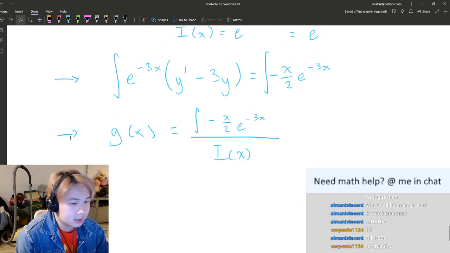So all I need is to integrate this top part. And to do that, I will probably use by parts.